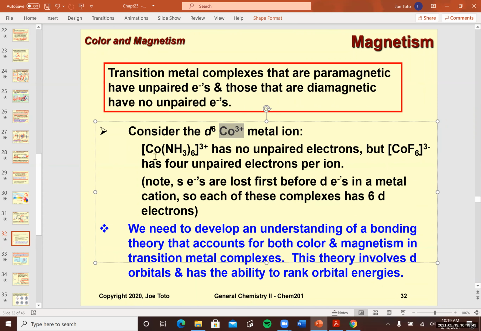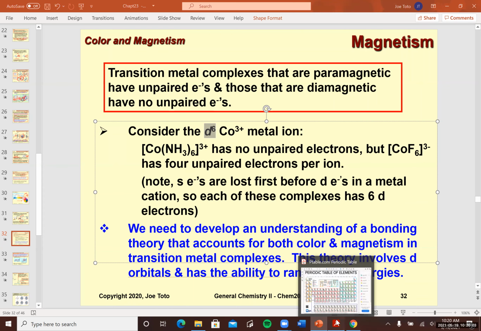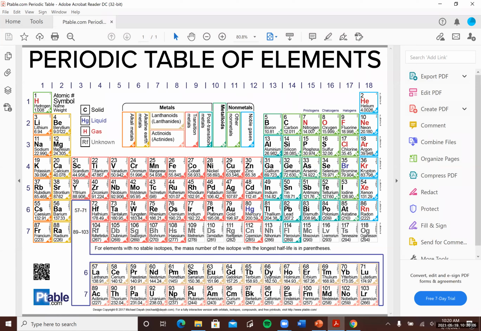So now we're dealing with a cobalt +3 in both cases. How does that transfer to d6? How does that mean that there are 6 electrons in the d orbitals of a cobalt 3+? In order to do that, we need to take a look at a periodic table. So there's cobalt, right? And you know from Chem 200 and the filling order what the electronic structure of cobalt should look like.